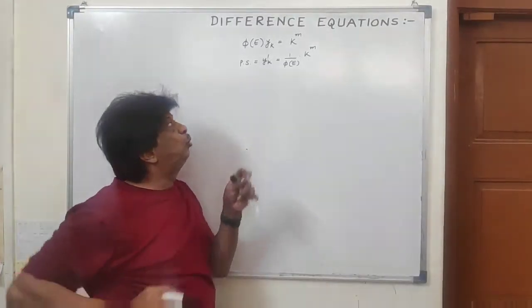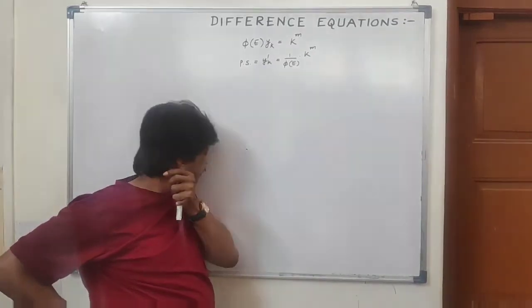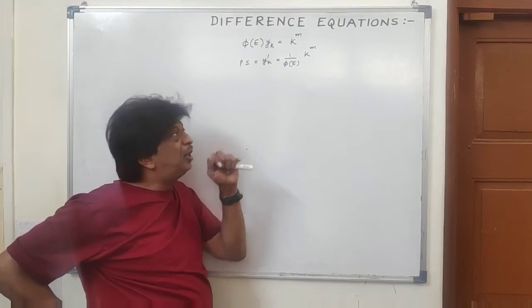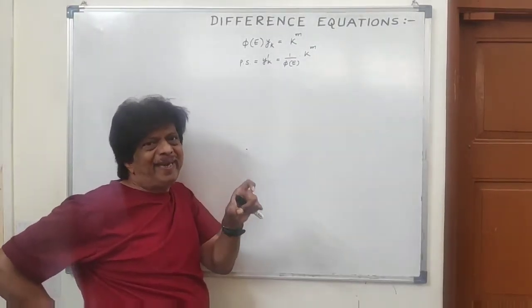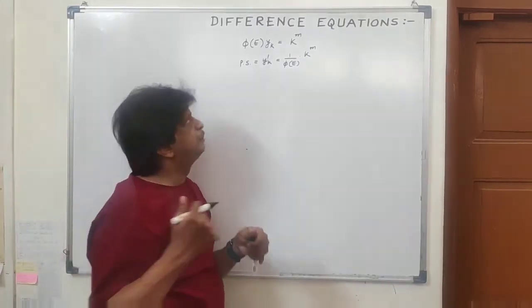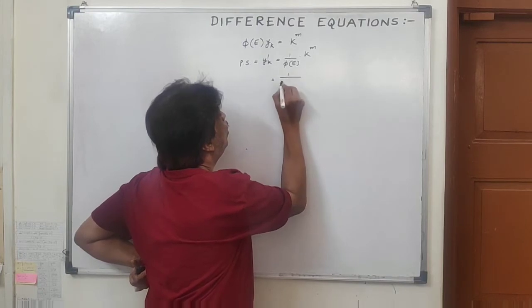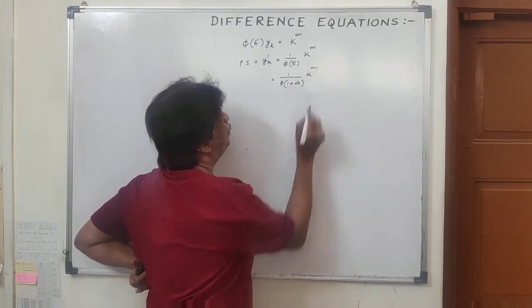The question is how to determine this particular solution. In this, first of all, we express the shift operator E in terms of delta. That is equal to 1 upon phi of 1 plus delta into k raised to power m.